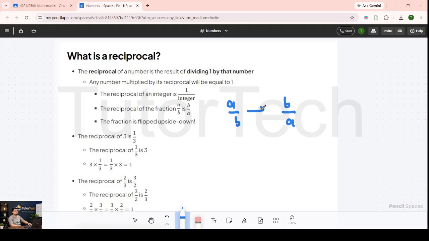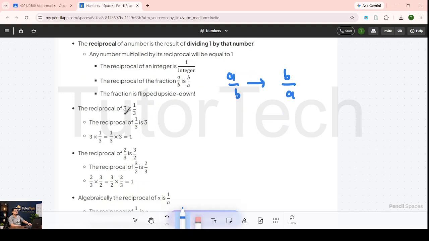Like we have 3. To write down the reciprocal of this number, it will be 1 over 3. When you solve 3 times 1 over 3, you get an answer of just 1. So any number multiplied by its reciprocal will equal 1.